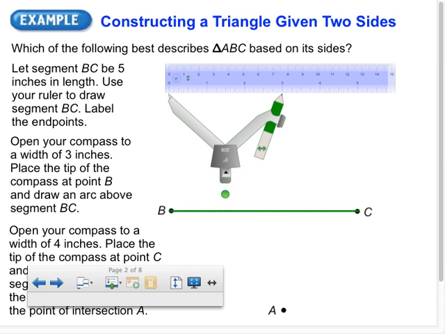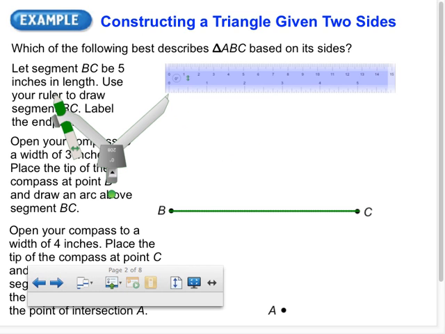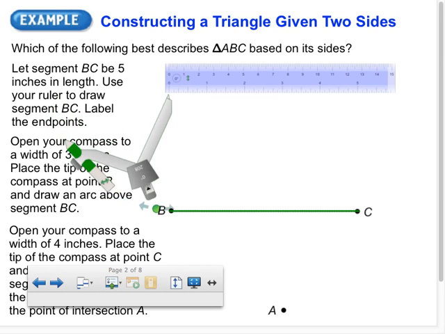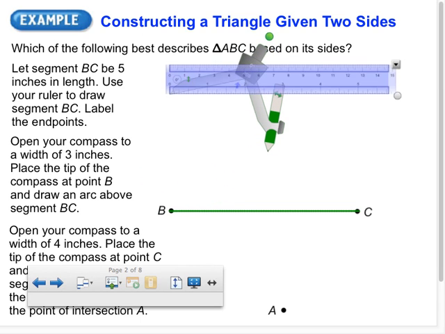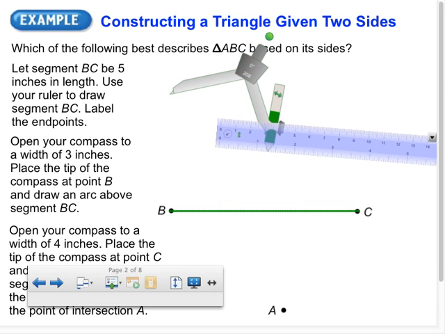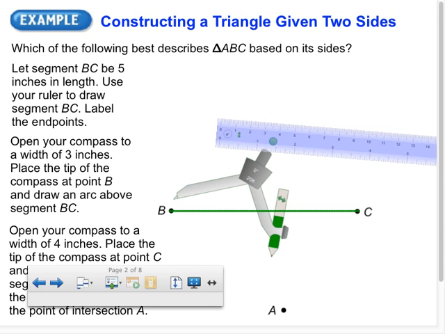Do you see now that I have my compass open to 3 inches? Can I get a new ruler? My numbers are fading. All right, so I have my compass open. Now what they want me to do is take the spiky part and stick it on point B. So let's go ahead and do that. Point B.